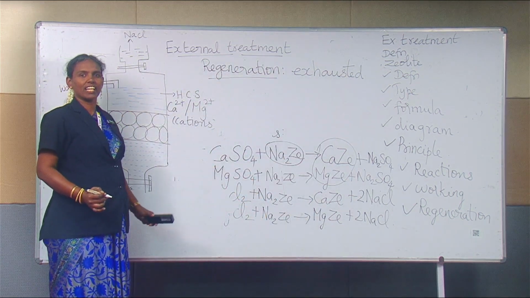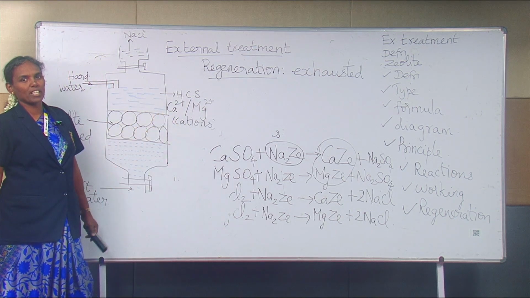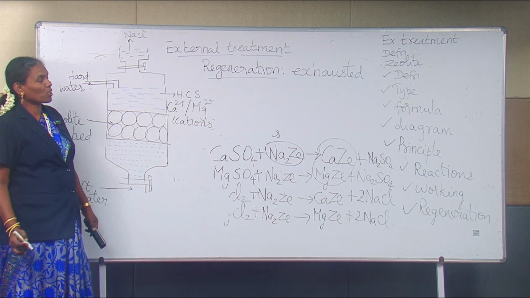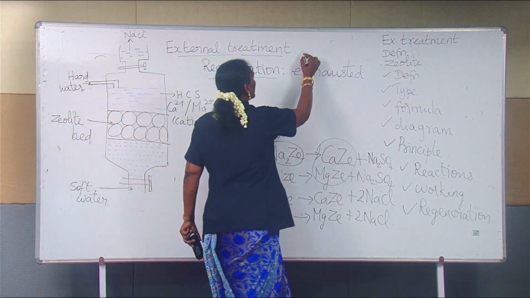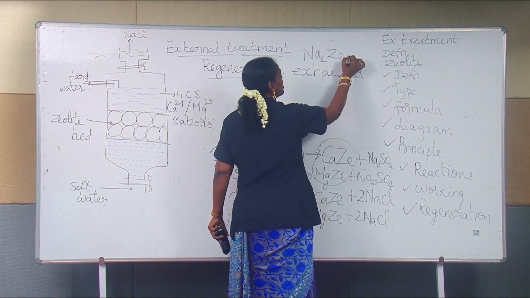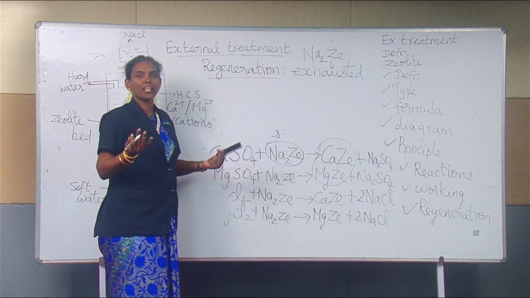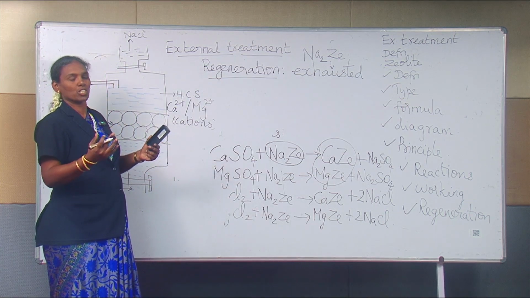Here, Na+ ions are replaced by Ca2+ and Mg2+ ions. But on prolonged use, the sodium zeolite, Na2Ze, is exhausted. There are no Na+ ions now to replace Ca2+ and Mg2+.